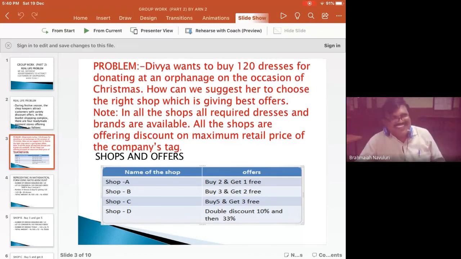Shop B, buy 3 and get 2 free. Shop C, buy 5 and get 3 free. And shop D is giving a double discount, 10% and then 33%. So we have to see which shop she has to buy from using our mathematical concepts.